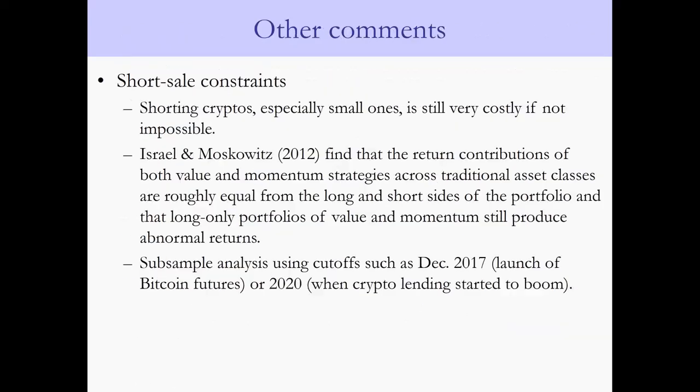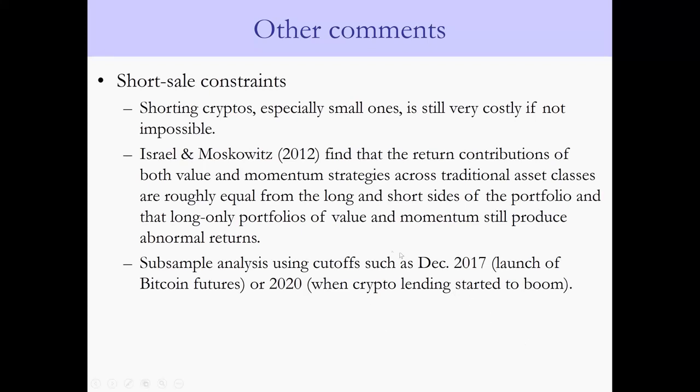I guess I'm running out of time, so let me quickly just mention a couple of things. I think short sale constraints might be something people will be asking about because still today it's pretty costly to short cryptos, especially the smaller ones.